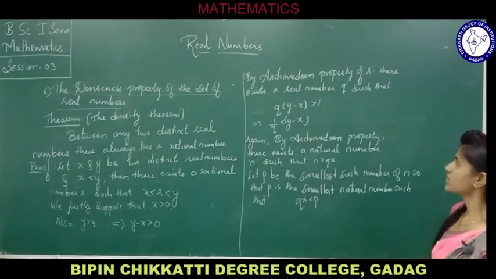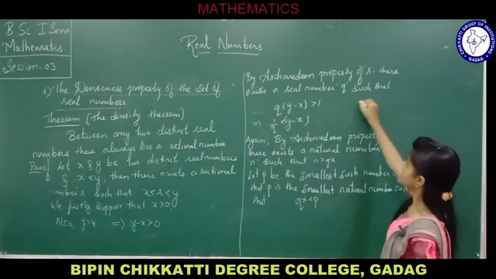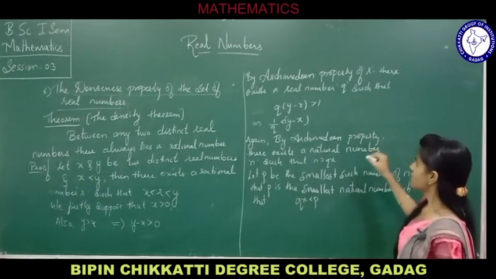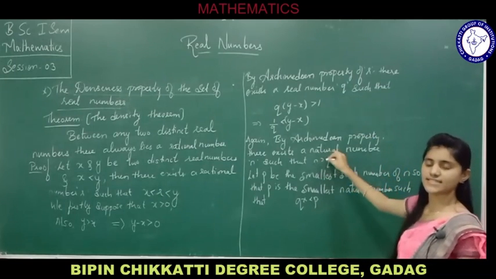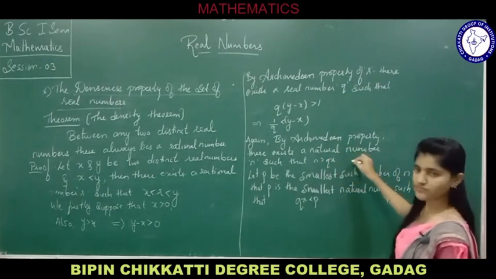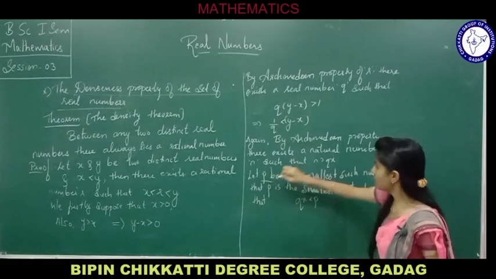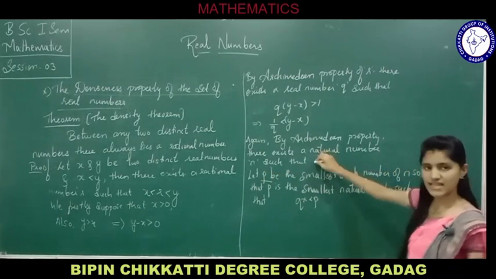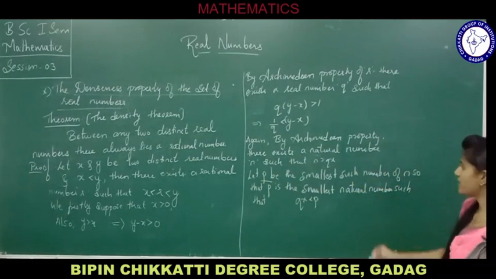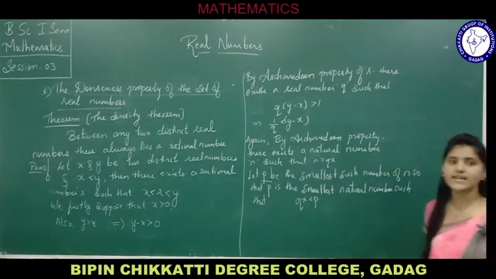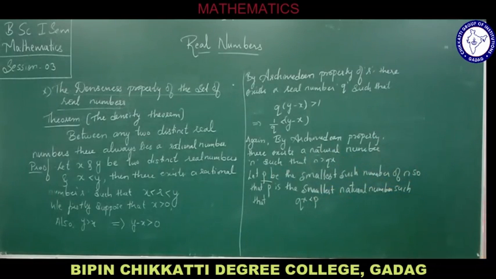What we were doing is considering the Archimedean property, we showed that n is greater than q into x. Then p is the smallest such number, so q into x is going to be less than p.